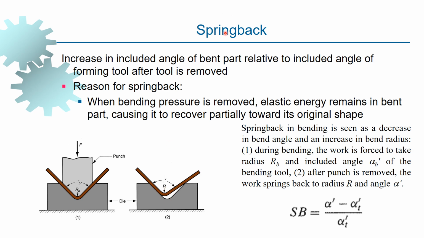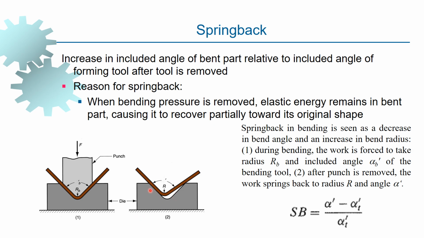That effect is called spring back, and the angle is alpha dash. So after it comes back, the angle is alpha dash. So how do we calculate spring back? That is equal to the final angle alpha dash minus the initial angle alpha b dash, divided by alpha b dash. This will give you the spring back.